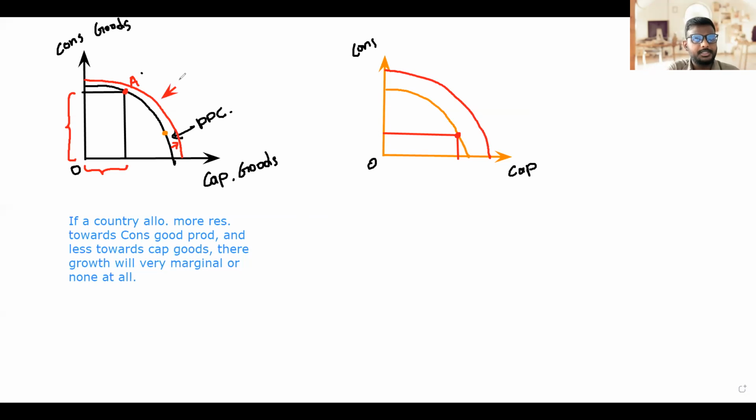So the first one was PPC, no? So the second one, we'll call it PPC 2 or PPC 1, or you can call it future PPC. And the old one, you can call it present PPC.